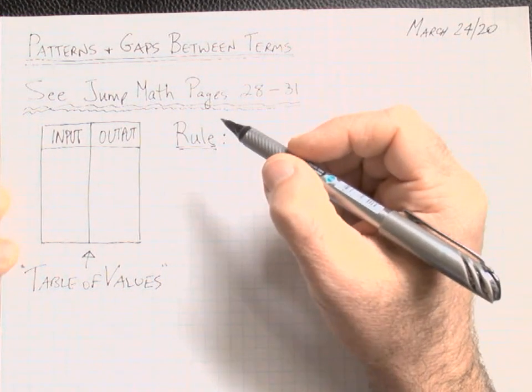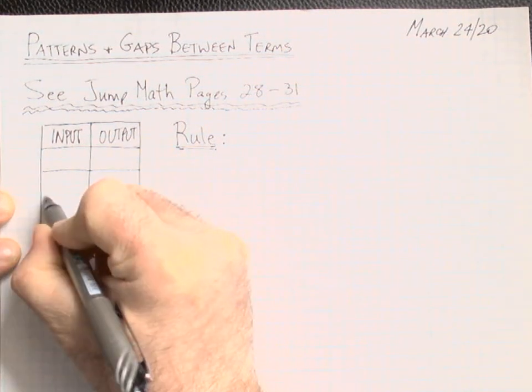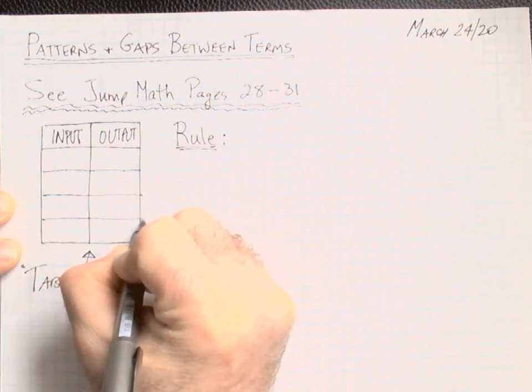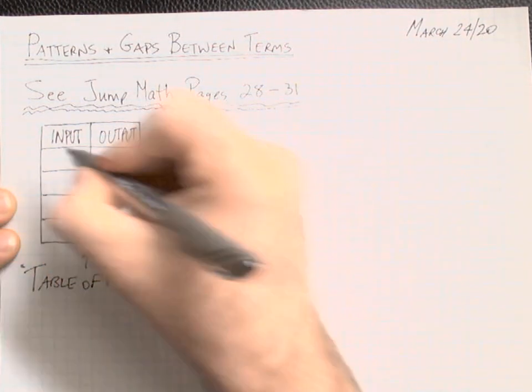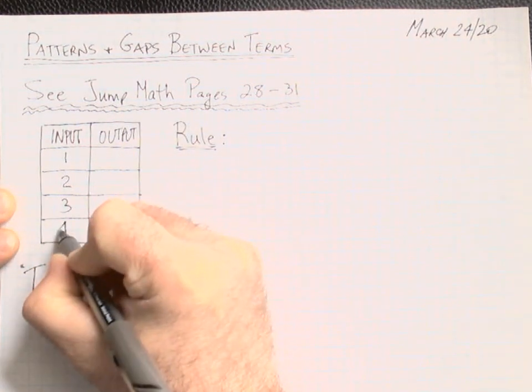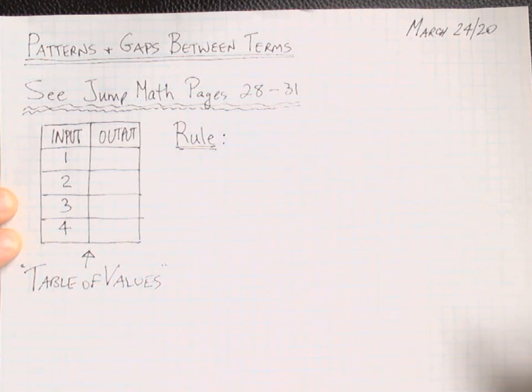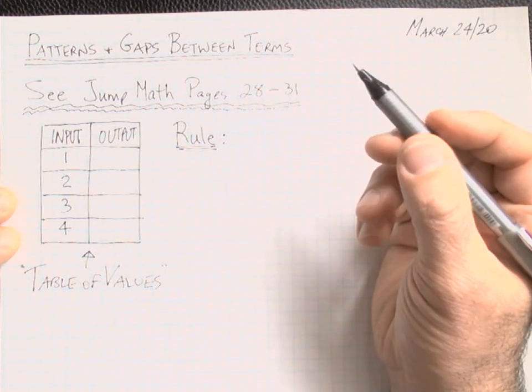I'm going to start by giving you simple inputs and outputs in our table. And we're going to start with small positive numbers today, and we're going to put them in order from 1 to 4. And I'm going to start by giving you the rule.